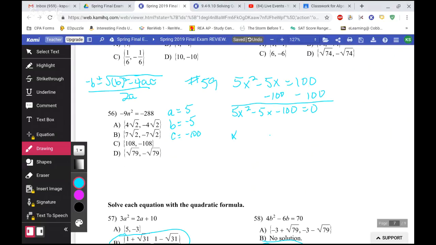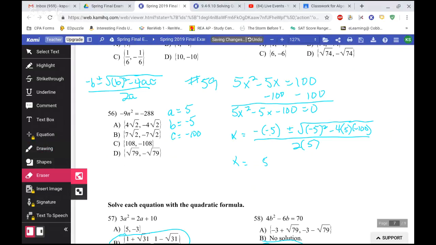And now I'm going to plug all of that in. So x equals the opposite of b, so the opposite of -5, plus or minus the square root. Remember to put this negative in parentheses, -4 times a times c, all over 2 times a. So x equals the opposite of -5, or -1 times 5.